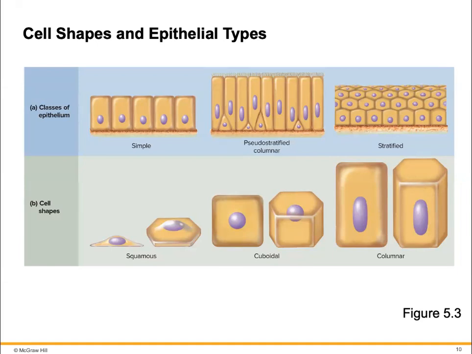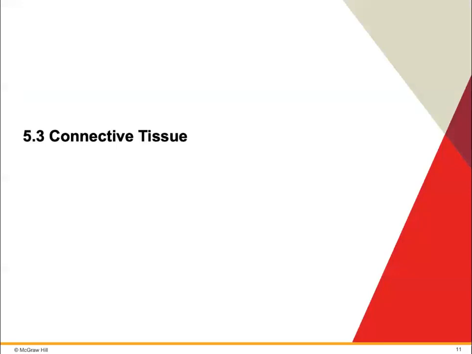They can selectively filter what gets into or out of a tissue. And they can also sense stimuli. So there's lots of important functions of your epithelial cells, but remember, they are lining all of the other organ systems internally and externally.